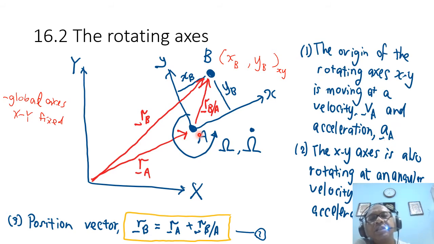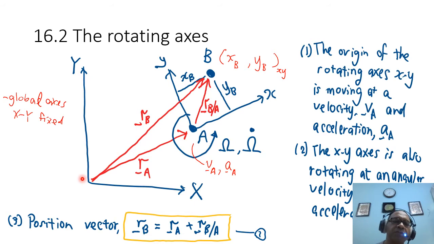So it has velocity A and it is also accelerating at A. Okay, so we've got this data: what is the velocity of A, what is the acceleration of A, and what are the angular velocity and the angular acceleration of the rotating axis?